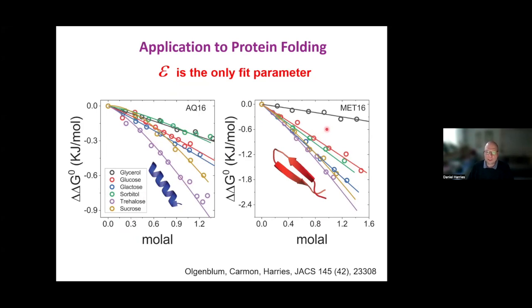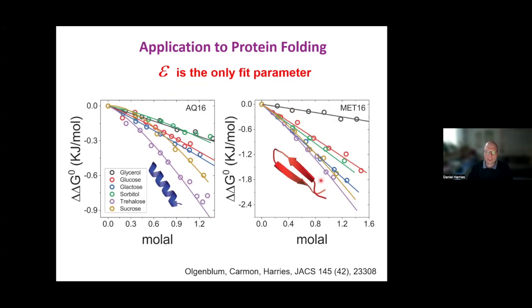And the question is, how is this epsilon different? So already just looking at the data, we can see that the effect of the same solutes on the folding of this beta hairpin is larger by about twofold.